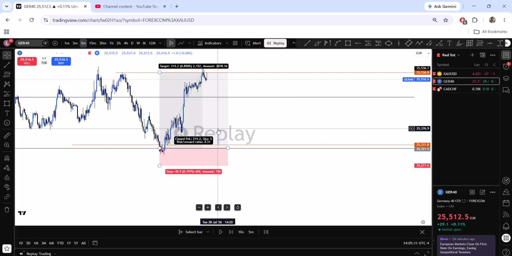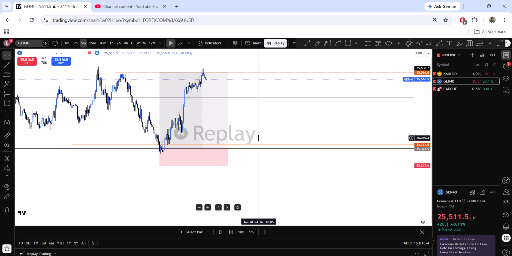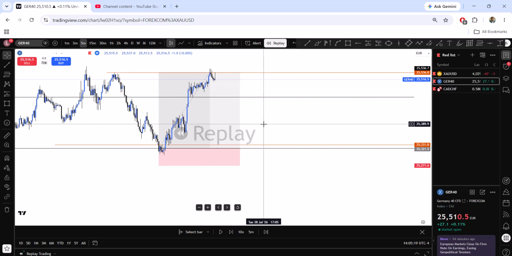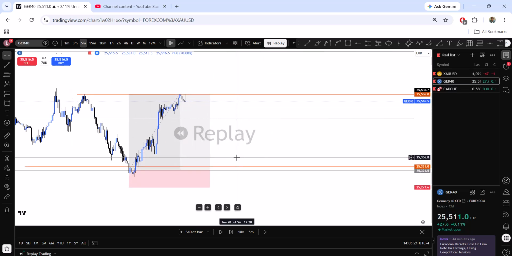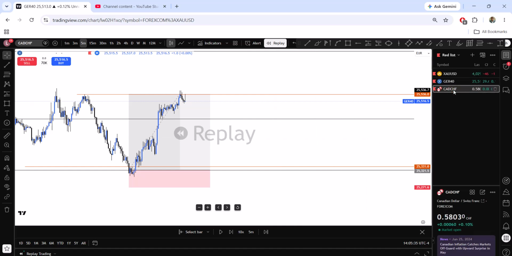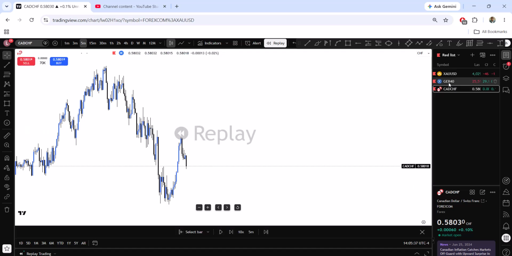In some cases, it could be like a weak counter, in some cases, it could be like a strong counter trend, or you could just wait for another bullish CRT that could form, let's say, at the 5 p.m. candle type of thing. So, yeah, entirely up to you and how you want to see it. But yeah, that's the GER40 setup that I saw today and that I wanted to basically record this video on. Cool.